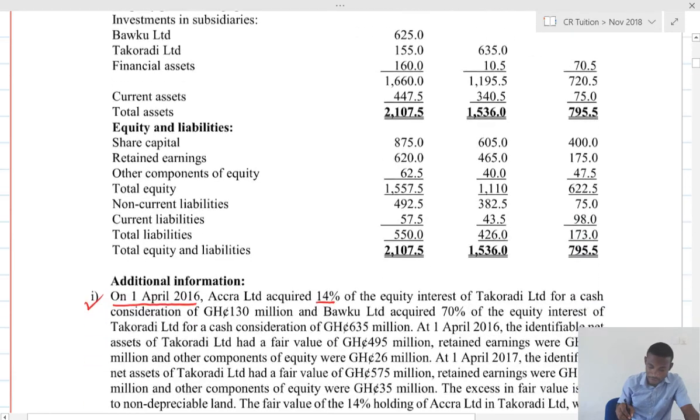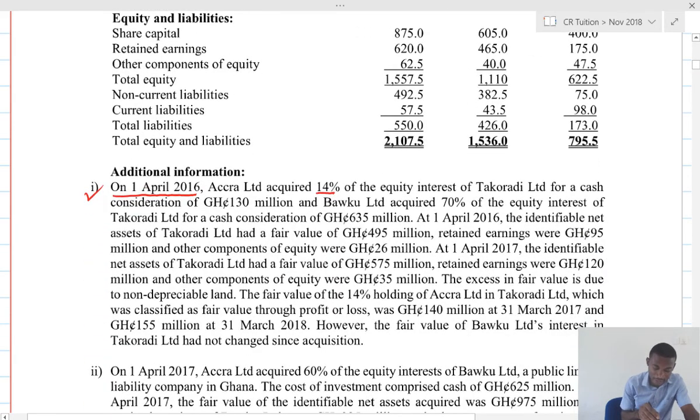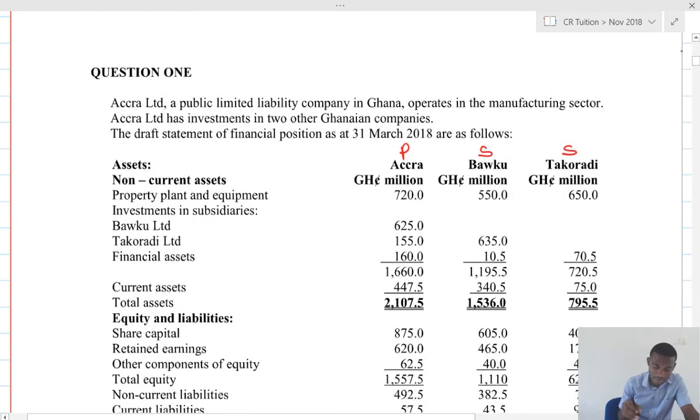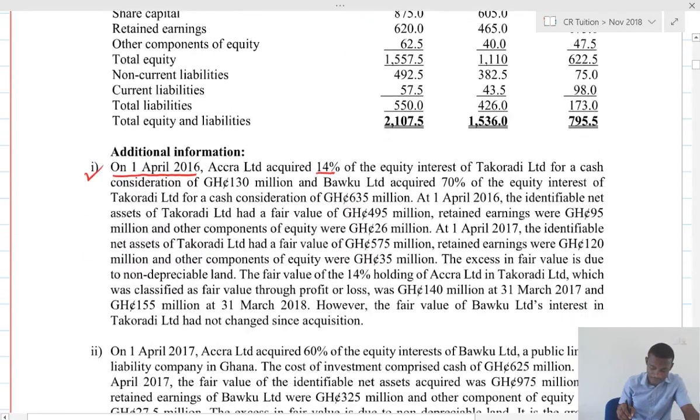But in the initial stage, we see that Accra owned 14% of Takrady. And if you see the year end is 31st March 2018, so if the acquisition of 14% was in 2016, then we have 17, 18, so 2 years since.